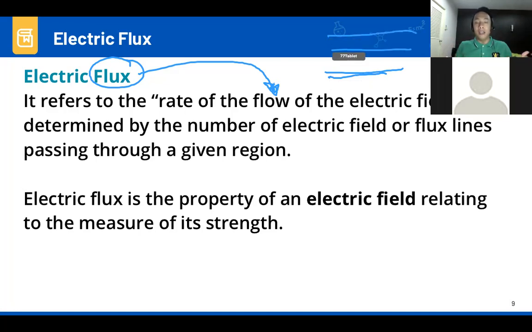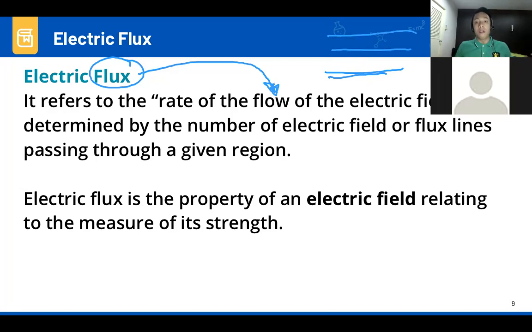We can calculate the electric field lines passing through the inside of those wires. So it is about the electric flux.